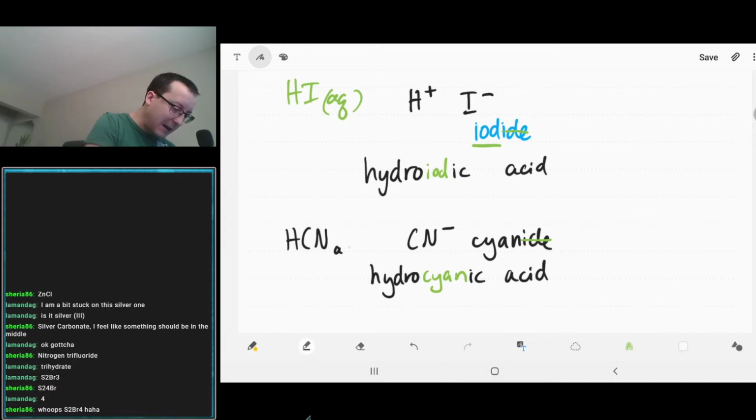Oh, I forgot to write AQ. Don't forget, for all acids, their formulas must have that little AQ bit. Otherwise, we would call this hydrogen cyanide. And that's going to be the almond-smelling gas that kills you. That's hydrogen cyanide. So, if it's aqueous, it's hydrocyanic acid. All right, so far so good. I hope.